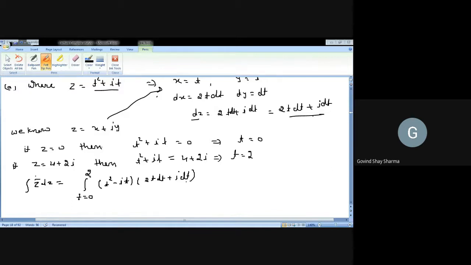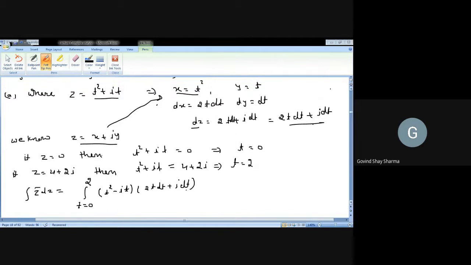Again we see that z is given as t square plus iota t. Here, by comparison with x plus iota y, we found x is equal to t square and y is equal to t. Dx is equal to 2t dt and dy is equal to dt. So dz is equal to 2t dt plus iota dt. This is the form of dz.